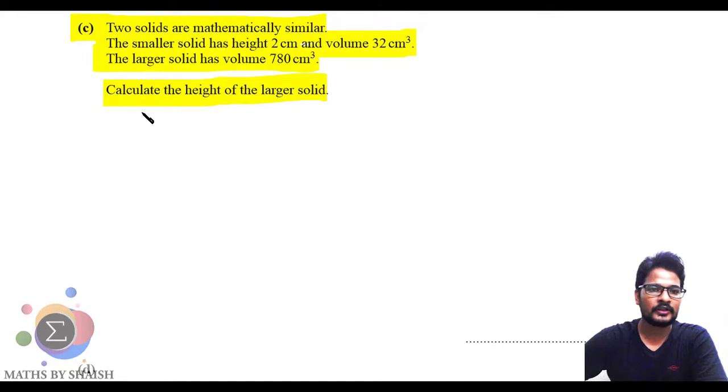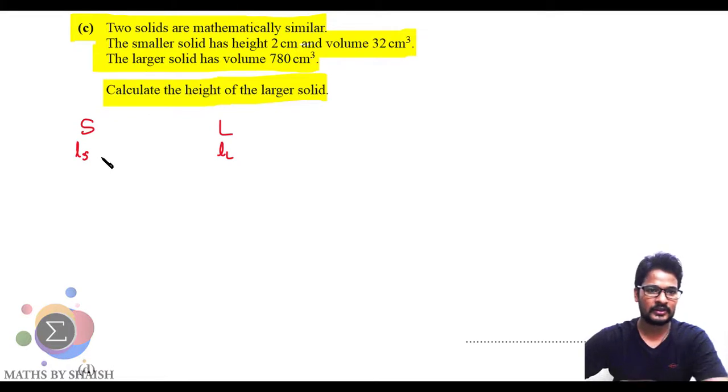Scale factor here, there are two cases, smaller and larger. So first of all, length. I will take length as LS for the smaller length and capital L for the larger solid.